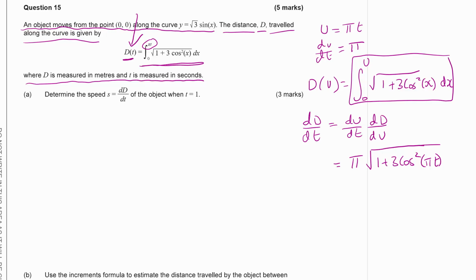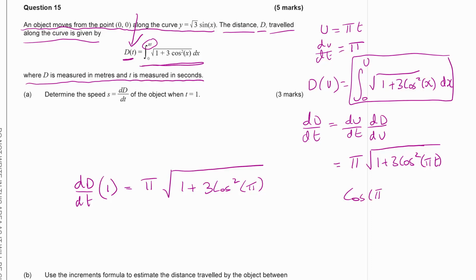So essentially what we want is just dd/dt, given that t is equal to 1. So that's just going to be pi times the square root of 1 plus 3 cos squared pi. Now, cos of pi is -1.